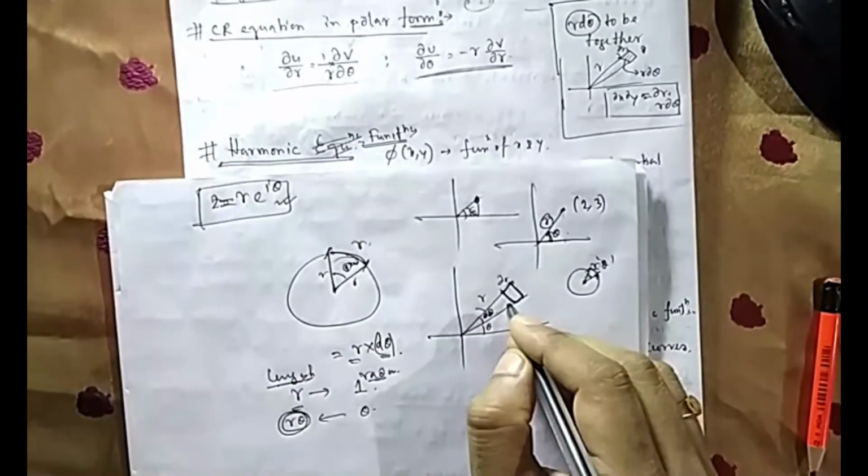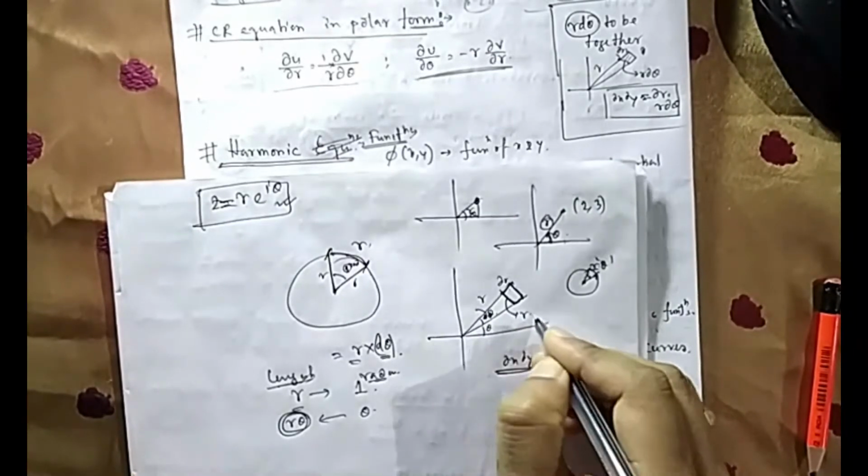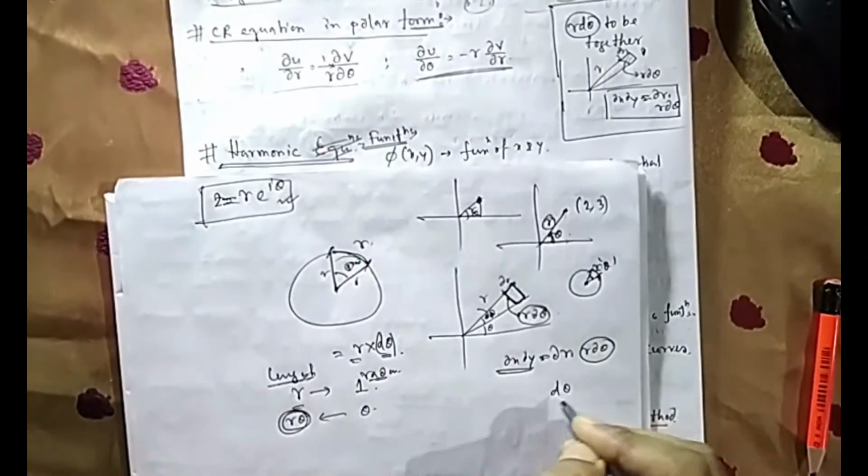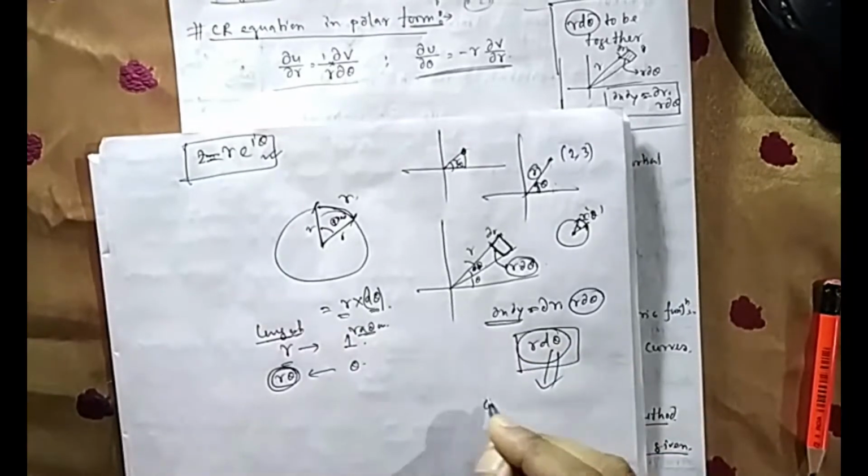So these are small things. This side will be r into, what is the angle? d theta. So it is r into d theta. So you remember this side is always r into d theta. Whenever d theta comes, there will always be an r along with it. So it is a pair. It will never go outside. You can think of this also in change of variables in partial derivatives.